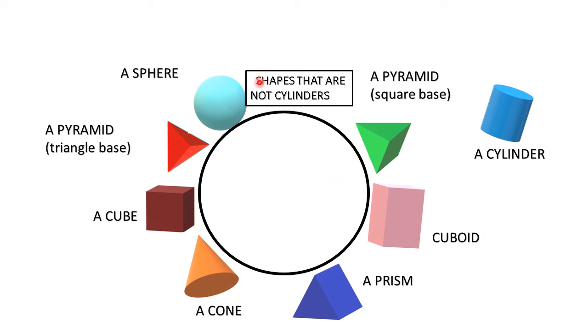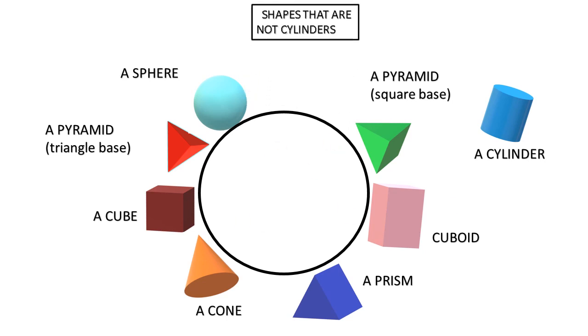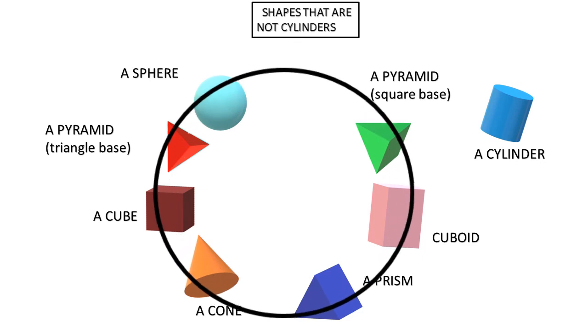D. Sort the shapes that are not cylinders. Well, this is a cylinder, and all of these are not cylinders, so they go inside the circle. The cylinder stays outside the circle.